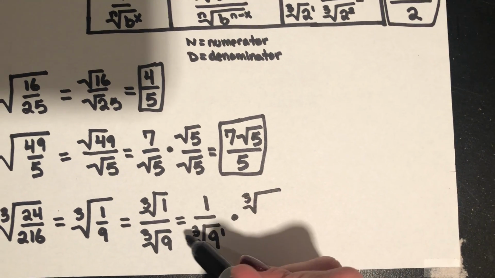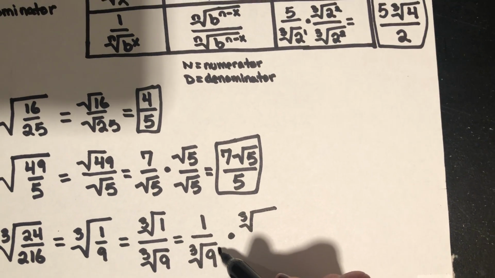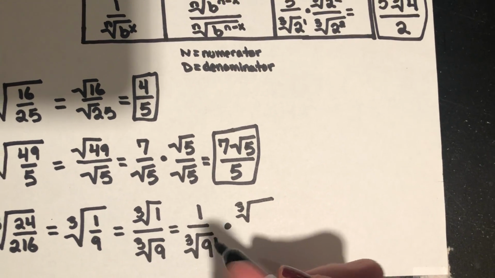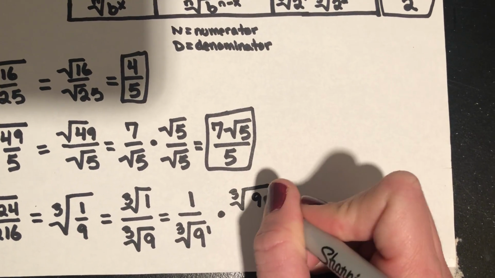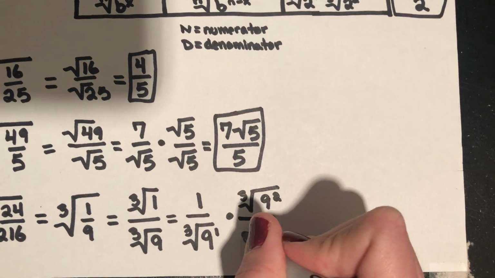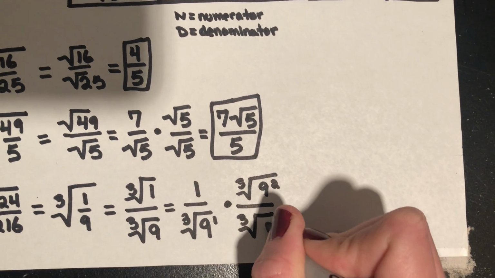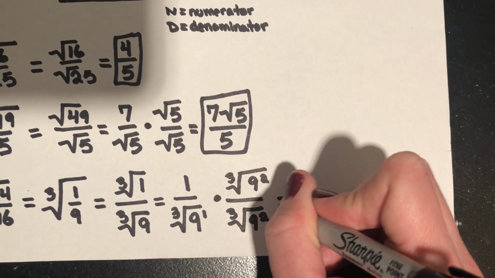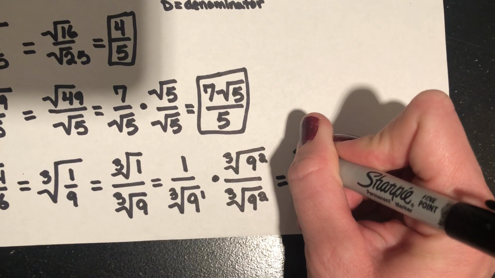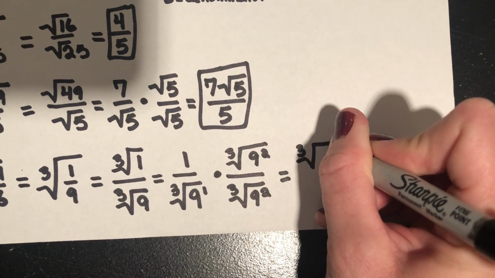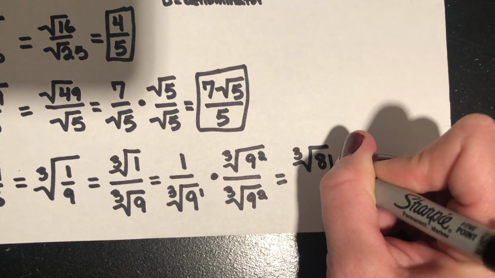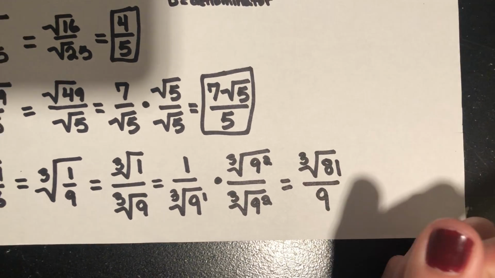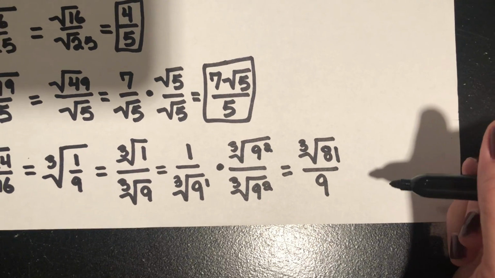Well, we have an n and an exponent of x. So 3 minus 1 is 2. So we're going to do 9 squared here over the cubed root of 9 squared. And this simplifies to the cubed root of 81, which is 9 squared, over 9. We are not quite done yet.